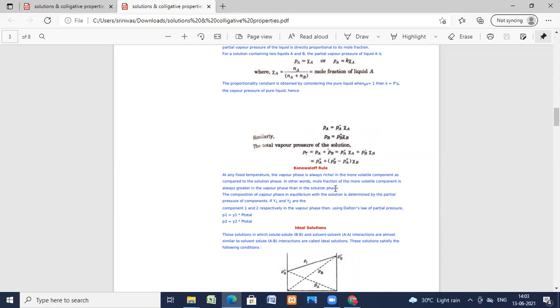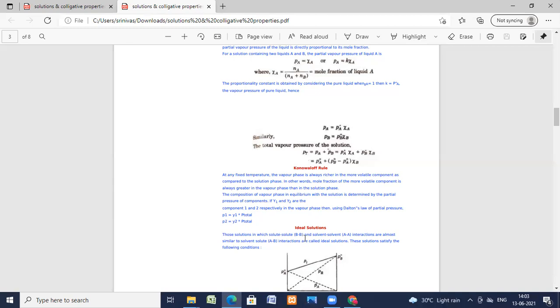The composition of the vapor phase in equilibrium with the solution is determined by the partial pressures of the components. Y1 and Y2 are the mole fractions of component 1 and component 2 in the vapor phase. Then, by Dalton's law of partial pressures, P1 is equal to Y1 into the total pressure, and P2 is equal to Y2 into the total pressure.